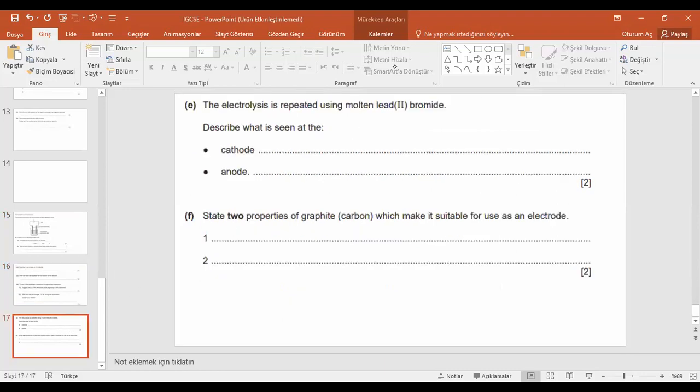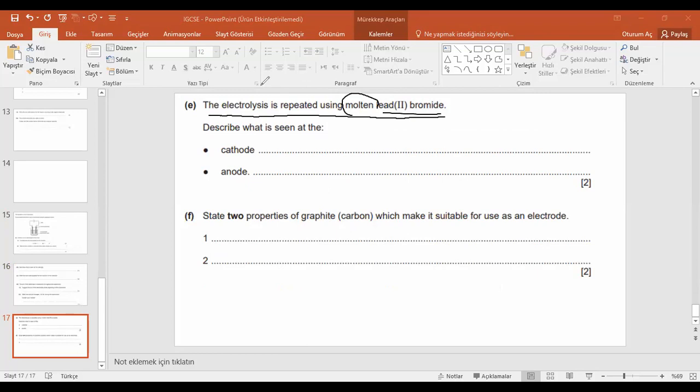The next question. Electrolysis is repeated using molten lead bromide. Molten, guys, means we have it without water.